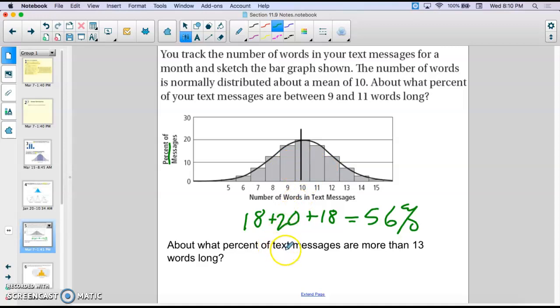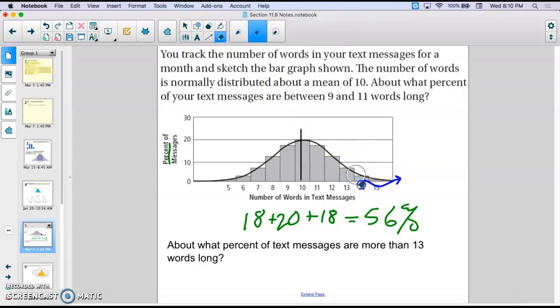All right, what percent of text messages are more than 13 words long? Okay, so more than 13. Take a look at the wording. It does not say including 13. It says more than. So what we're going to do here is just add up what we know.